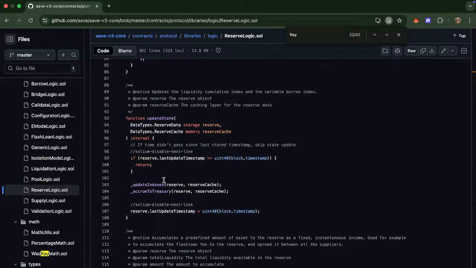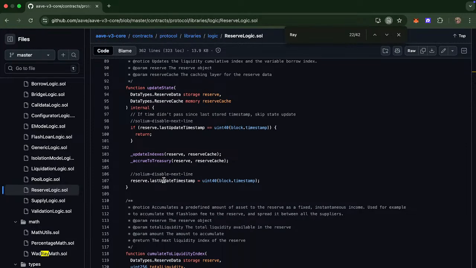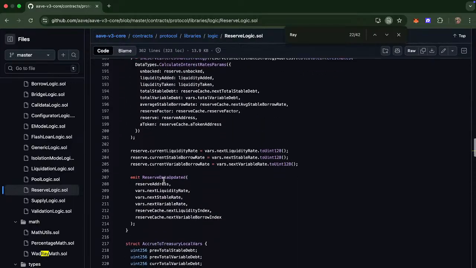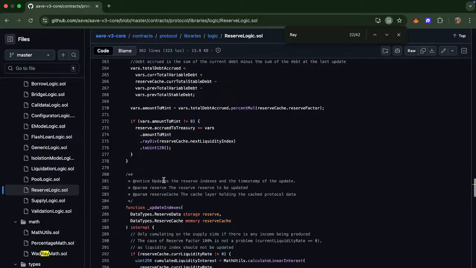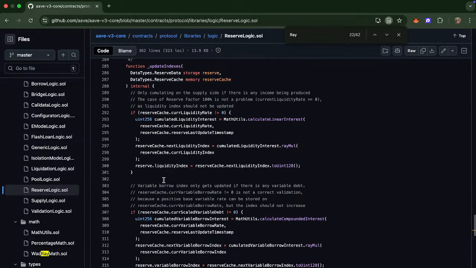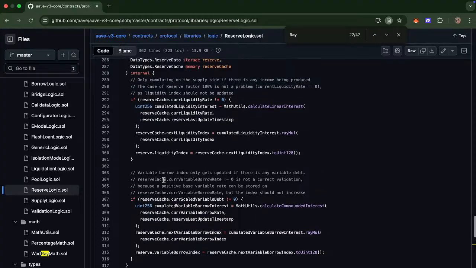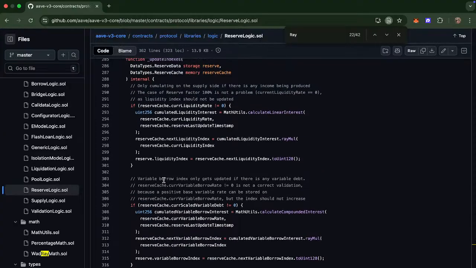Update state is also there. How the heck? Cumulated liquidity interest, math utils, and calculate linear interest on liquidity rate.